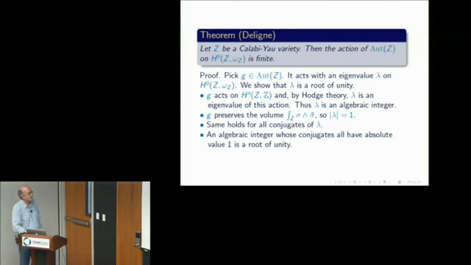Okay? So let's pick an automorphism where it acts with some eigenvalue lambda. And then we would like to prove that this lambda is in fact a root of unity.